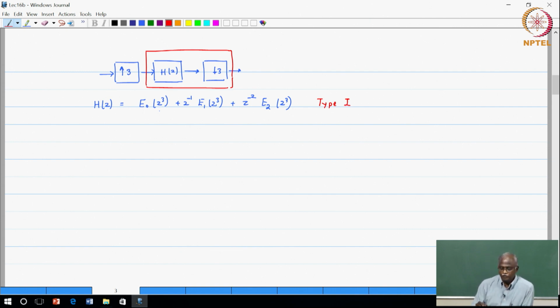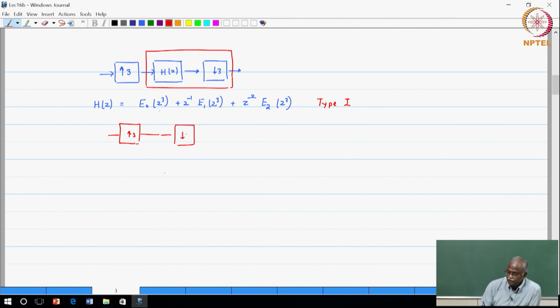Now, given the result that we have just discussed previously, I would like you to think about the following structure. We have upsampling by a factor of 3, and I have done the polyphase decomposition. I have moved the downsampler to the far left.